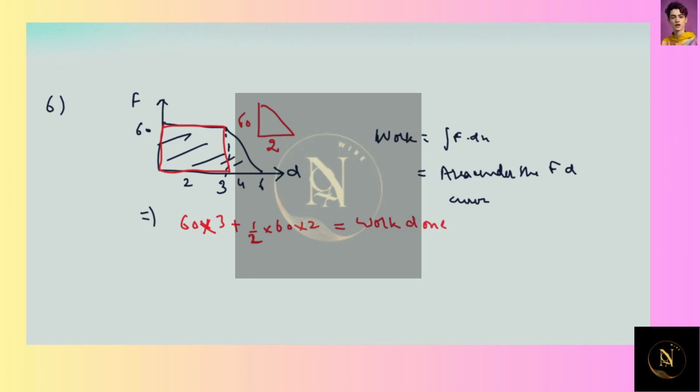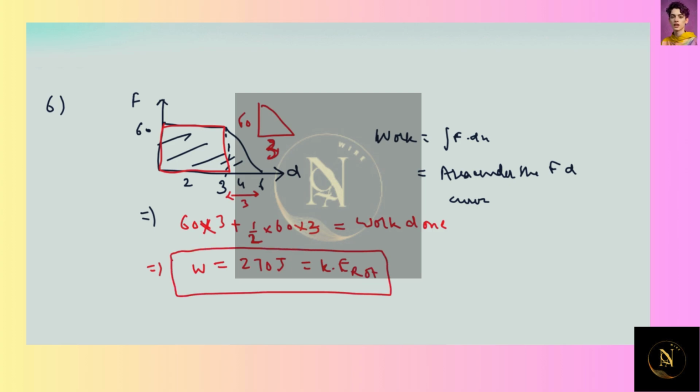Sorry, this base is 3, so we should put 3 here. So work done is equal to 270 joule, and due to the conservation of energy, this must be the rotational kinetic energy. So that's your answer for part B.